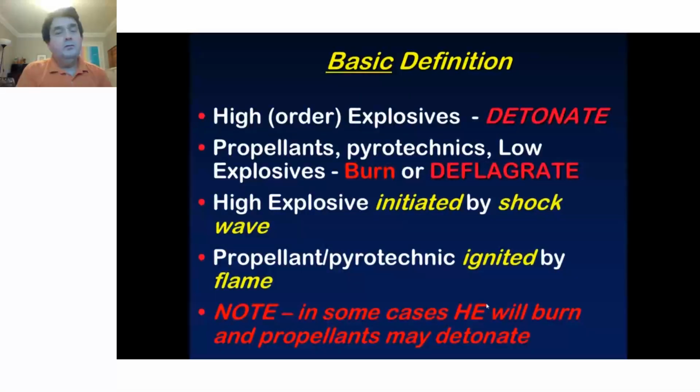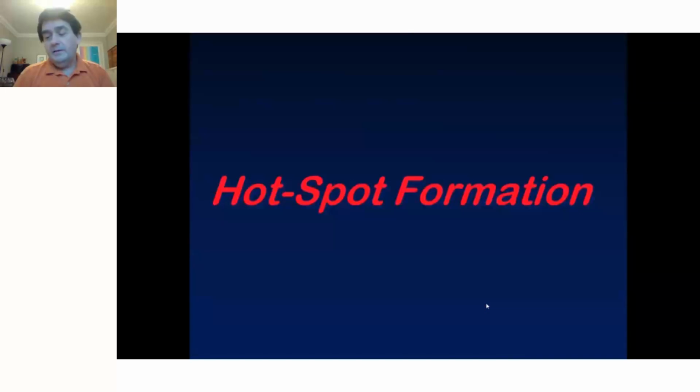So although we try and design our energetic material systems to be safe and obviously give us the output we require, sometimes under conditions of hazard, we will find that they will behave in a way which we do not like at all.